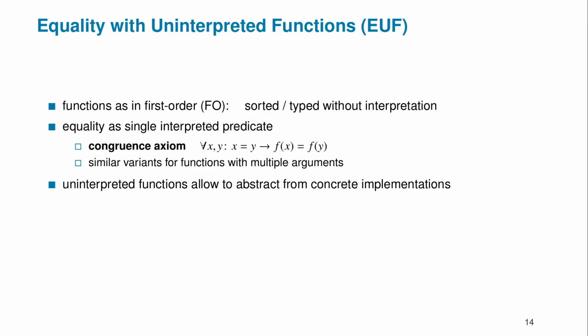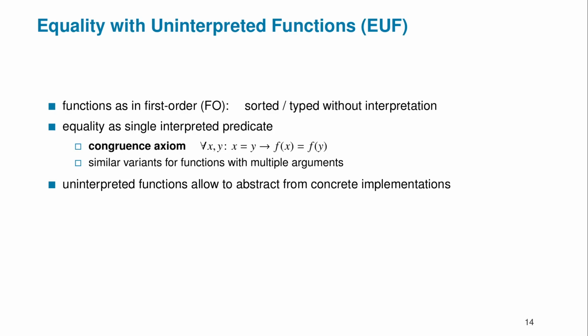And here we have functions as in first order logic, and the functions which we are considering are sorted, so they are typed, but they do not have any specific interpretation for the reasoning. Yeah? So the solver doesn't know what the function means, and this is an extremely powerful tool for abstraction, and we will see soon an example what we can do with these uninterpreted functions.